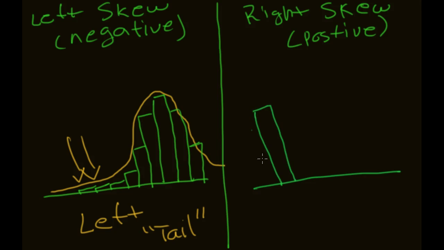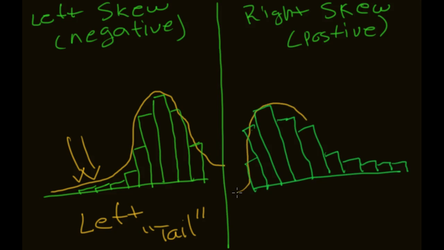The high point will be on the left-hand side, and then you'll get a long tail off to the right. So again, it's still a bell-shaped distribution. It's just not centered in the middle, right? It's got a little tail over here, but a long tail over to the right.